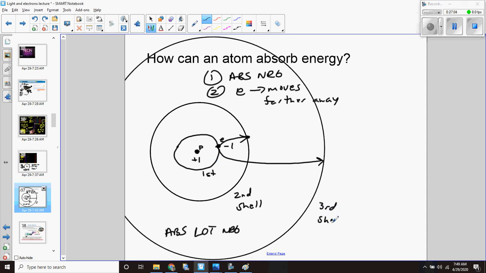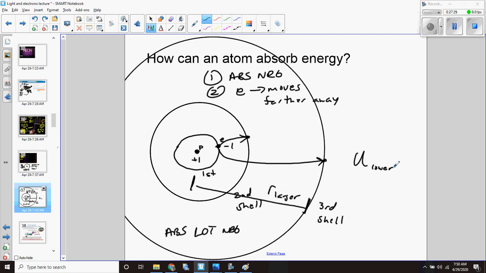Now, if the electron's all the way out here, it's still being attracted to the nucleus because it's still negative and the proton's still positive. Because it's farther away, this distance, r, is larger. What this means is the attractive energy, U, is a little bit lower.